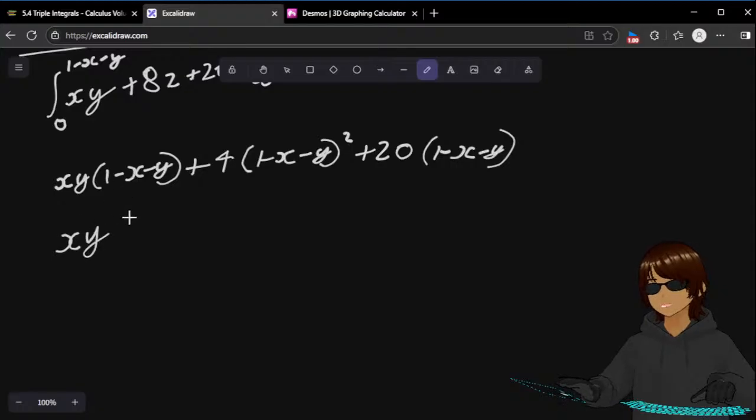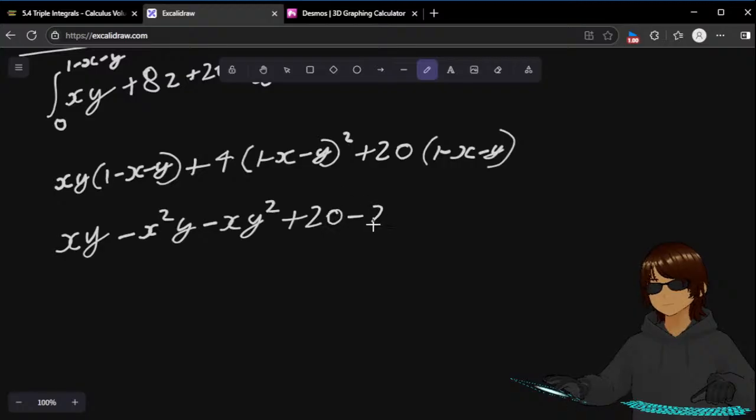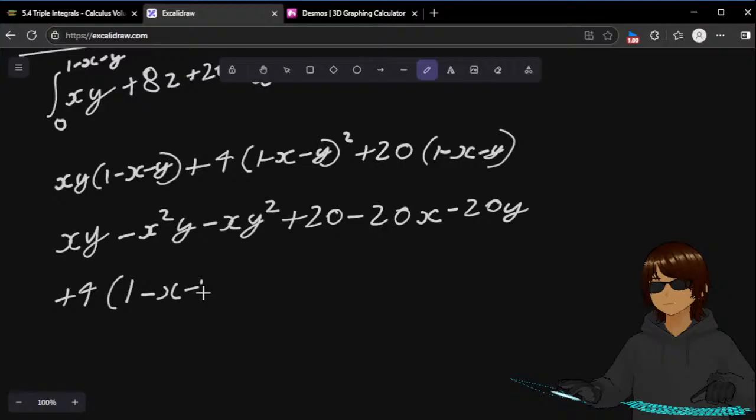xy minus x squared y minus xy squared. You multiply all the ones, and then we multiply the minus x, and then we multiply the minus y.